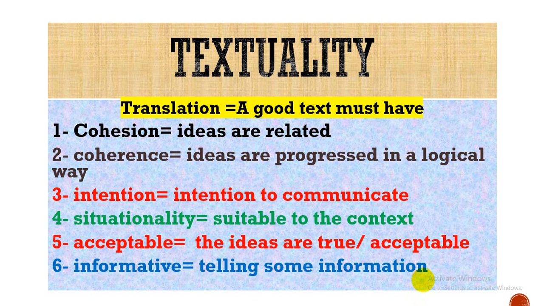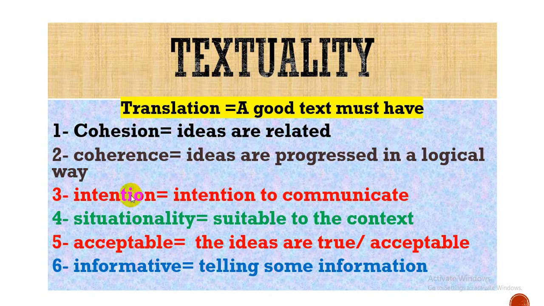So again, in order to say your text is a text in the target language, after you're done with translating your text, you have to answer the following question: does your text include cohesion, coherence, intention, situationality, acceptability, and informativity?